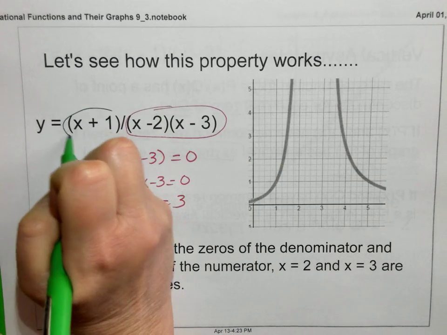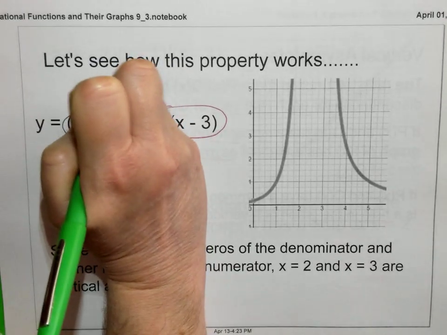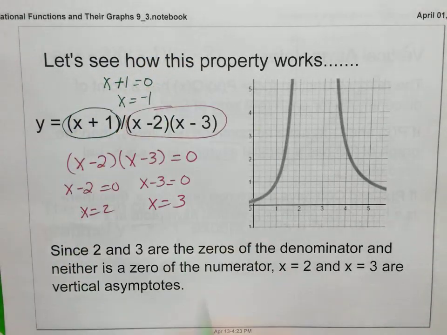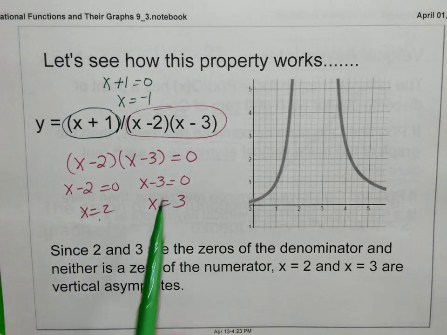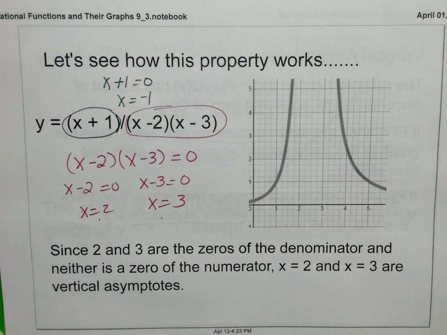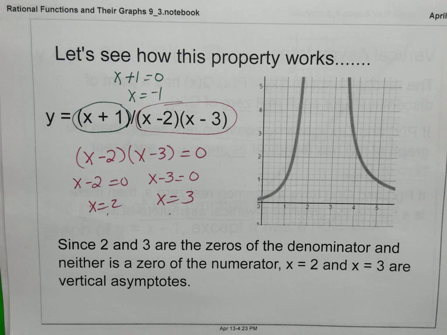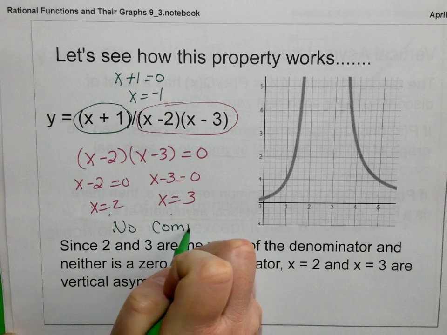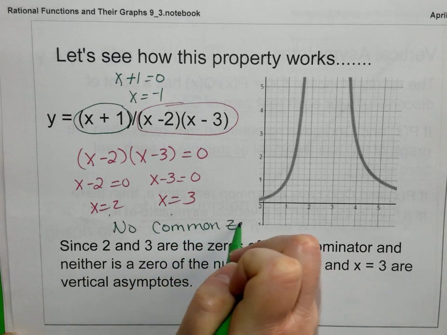So we take the numerator and make it equal to 0. And we ask ourselves, do these match that one? The answer is no. So there are no common zeros.